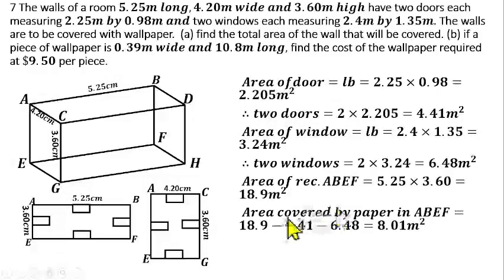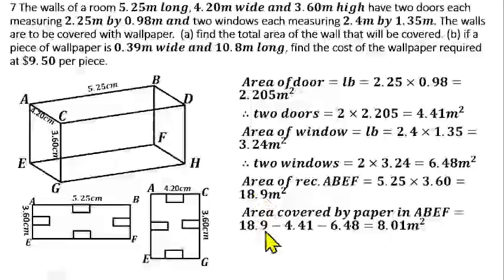That should give me the area that will be covered by the paper, because you know that the paper cannot cover the doors, and it cannot cover the windows as well.